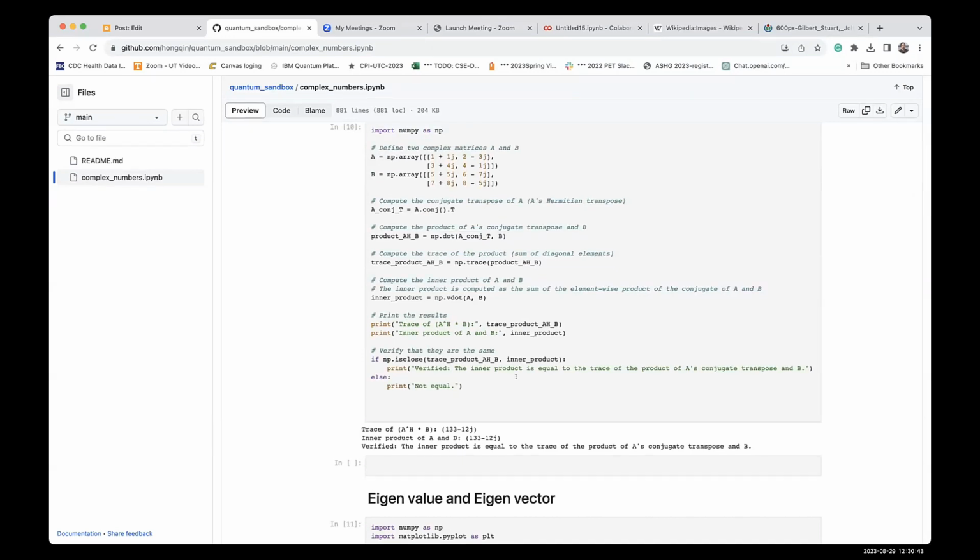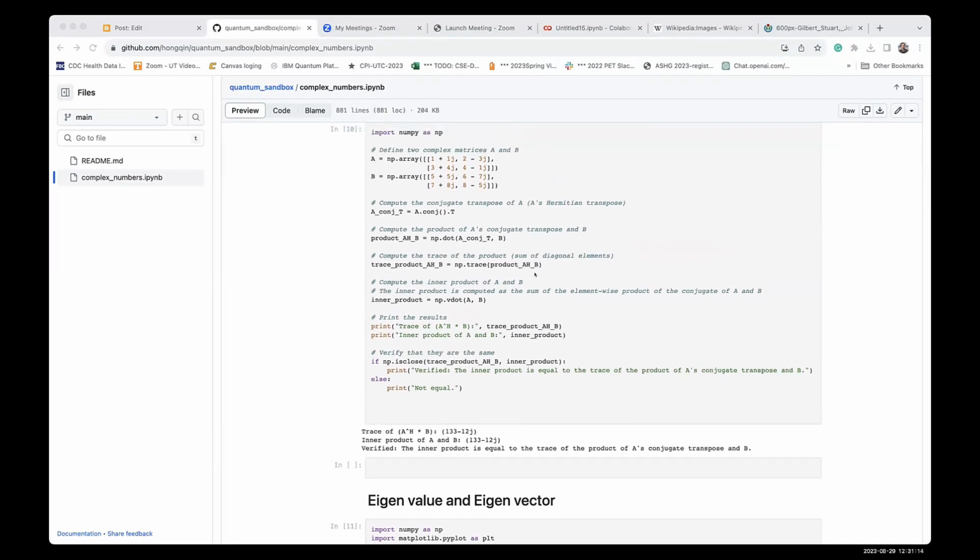The book also gave the trace definition, actually in the equation just before it.